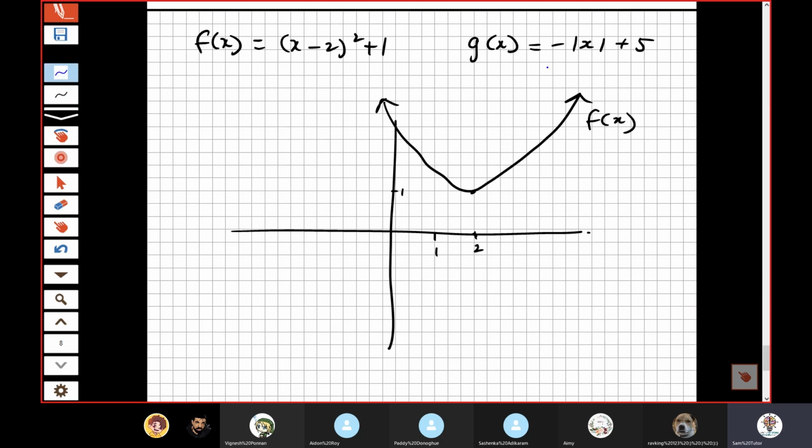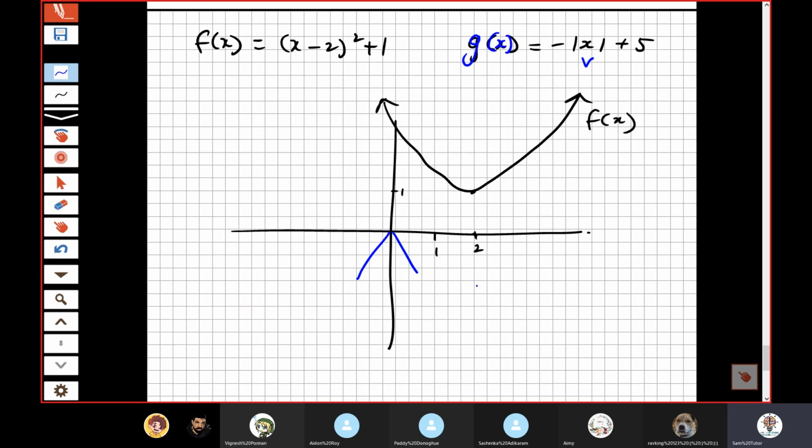Okay. How do we draw g of x? Well, it's an absolute value. What shape is an absolute value? V. They're V-shaped. It's negative V. So already it should look like this.